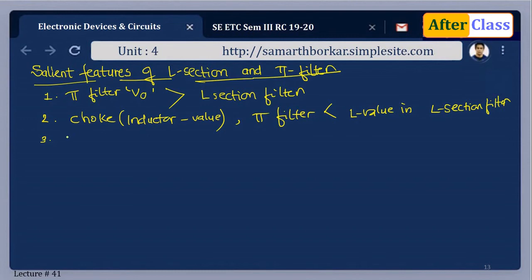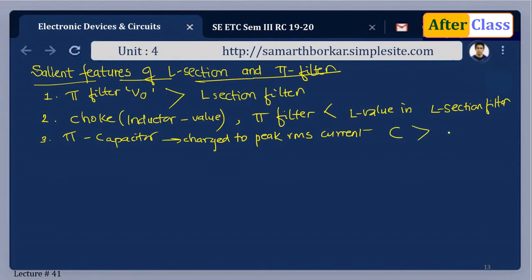So in case of a PI filter the capacitor has to be charged to the peak value, and hence the value of capacitor is larger as compared to that of an L section filter.